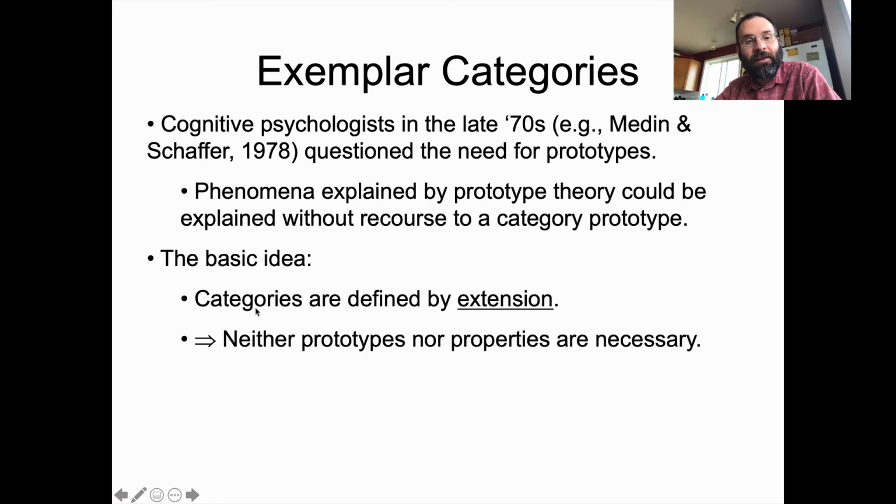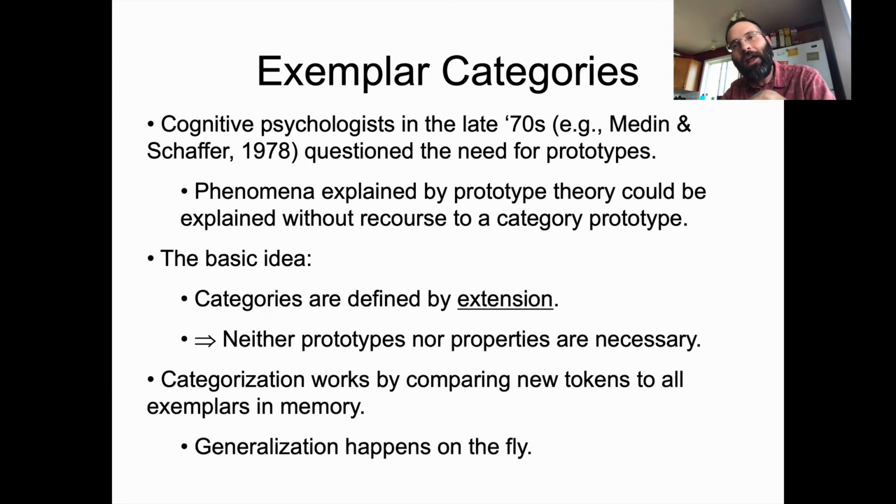So their idea is that categories are defined by extension. Everything in the set of the category bird is what defines the bird category. This is borrowing a concept from set theory and semantics, that the things in a set are its extension. Neither prototypes nor properties are necessary in this model.